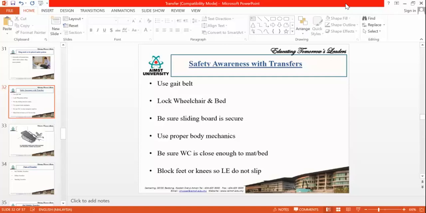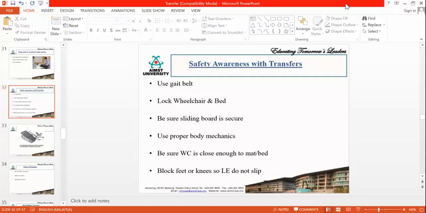Don't lift the patient using your hands alone. If you lift the patient using your hands alone, you will end up with shoulder pain, or sometimes a ligament injury, or sometimes a tendon rupture and other things.